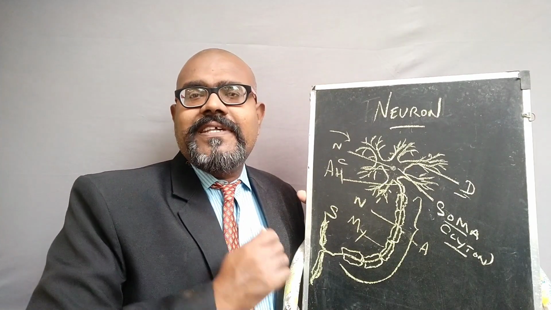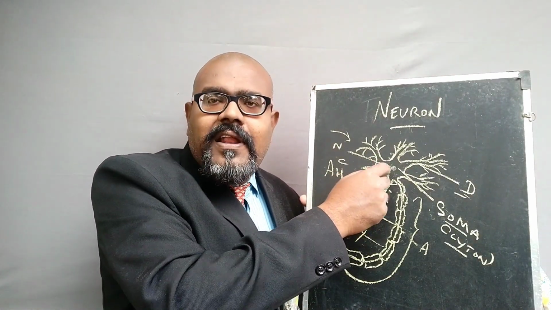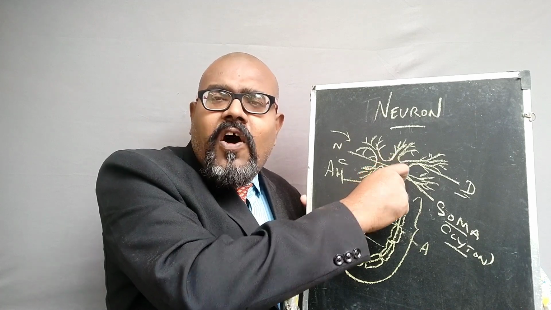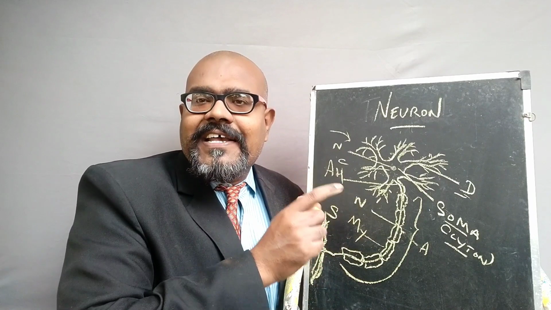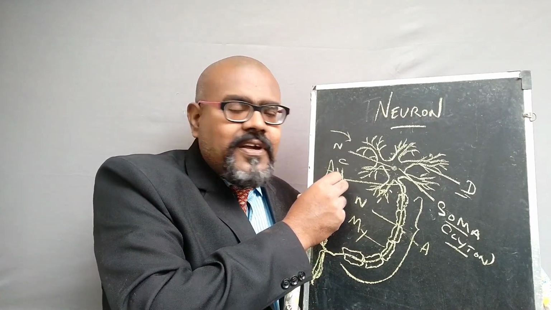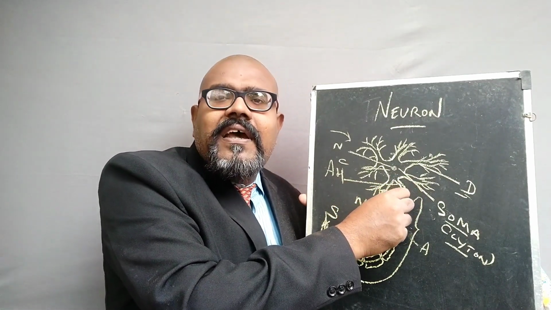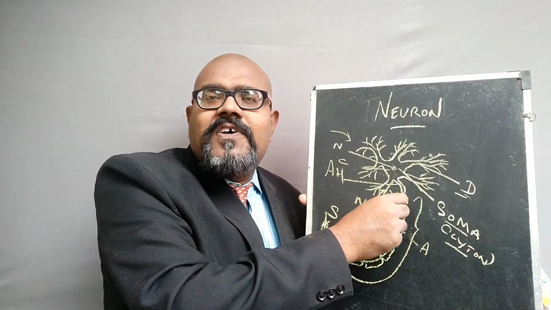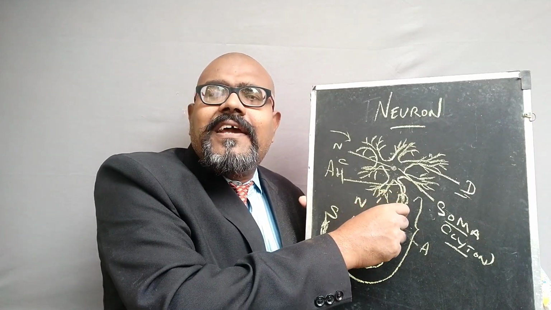The next portion is the axon. The long, slender projection going away from the soma or cyton is called the axon. The function of the axon is to carry the information as electrical impulses.